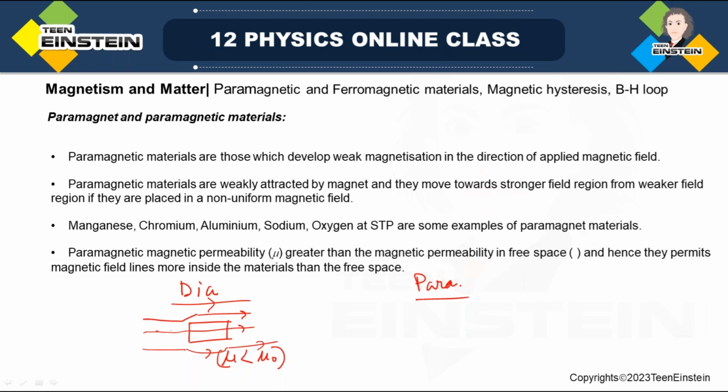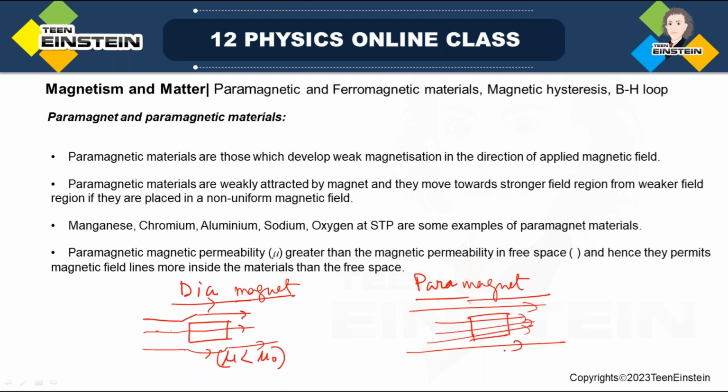In case of paramagnet, what happens? Paramagnet is a little better. It allows a few lines to pass through it, but it does not expel, or at least it does not repel the magnetic field lines.